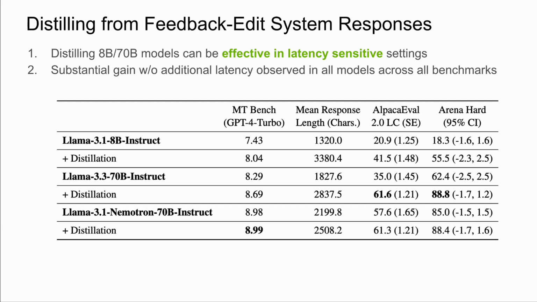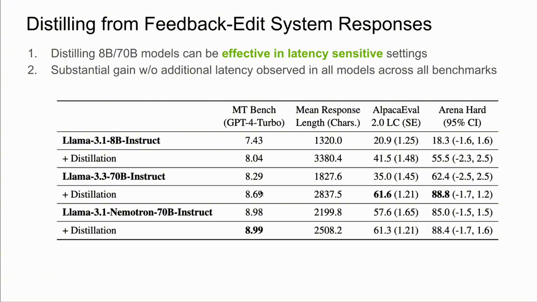And in this scenario, we basically try to distill the data that we managed to get through this entire feedback edit system, and we produce about 20K prompt response pairs, and we just use that to train an off-the-shelf model. And this model wouldn't need to do this thinking, but it would just generate a response immediately.